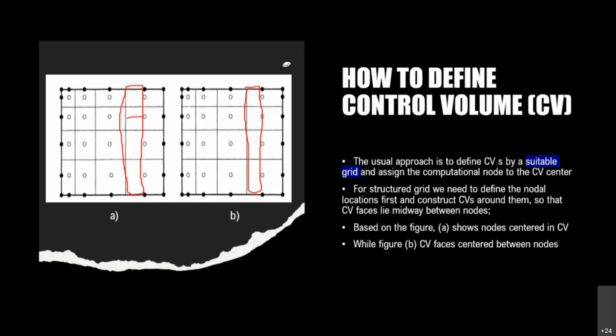Aside from the middle of the control volume, as B showed, it can be in the middle of the nodes. Aside from these two, the calculation node can also be located in the middle of the element face.